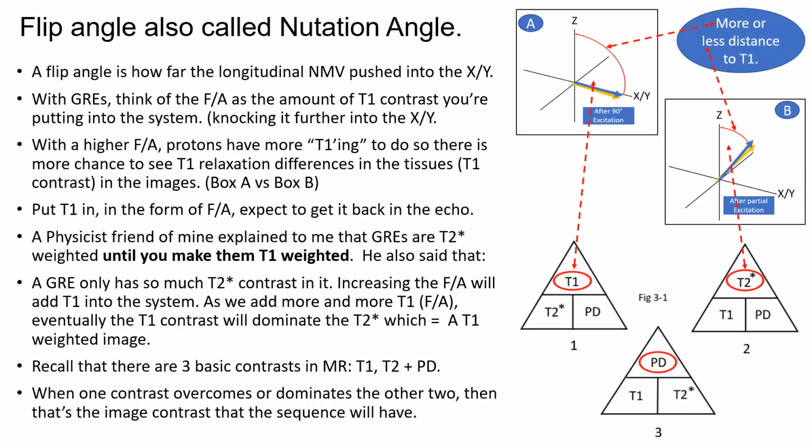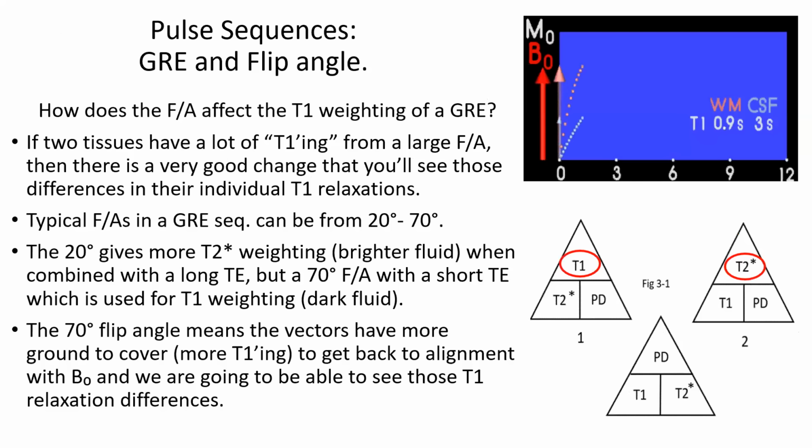Okay, so box A is an example of a high flip angle where you're going to get more T1, and box B over on the right-hand side, less T1 is being put in, so you're not going to get T1 contrast. Remember, what you put in, you get out. Gradient echo, once again, I know I'm beating this to death, but it's real important to understand the concept.